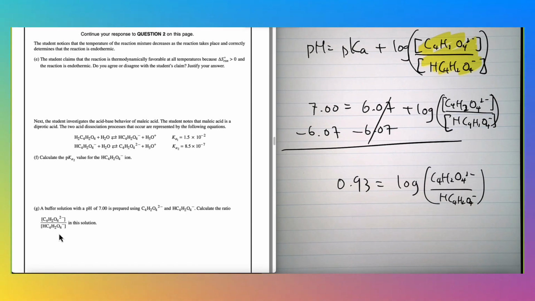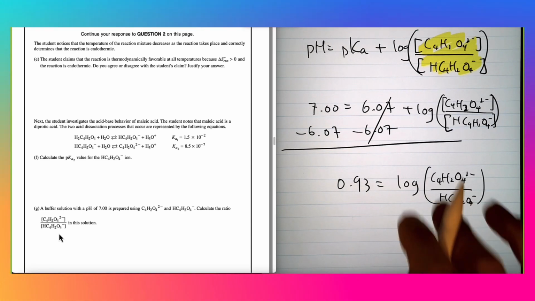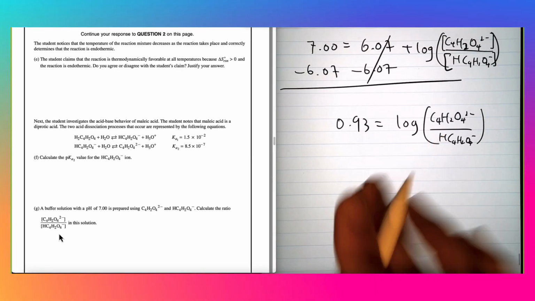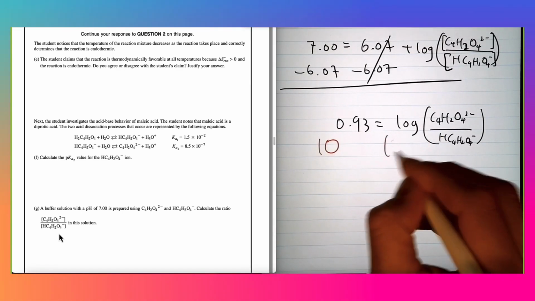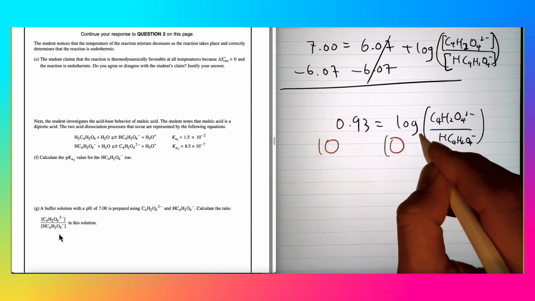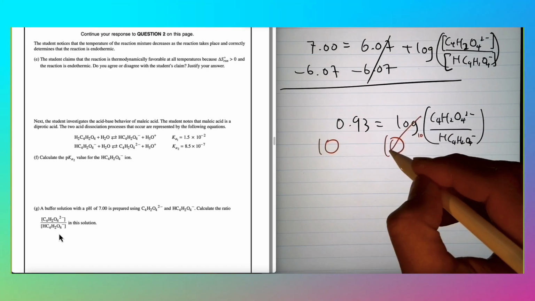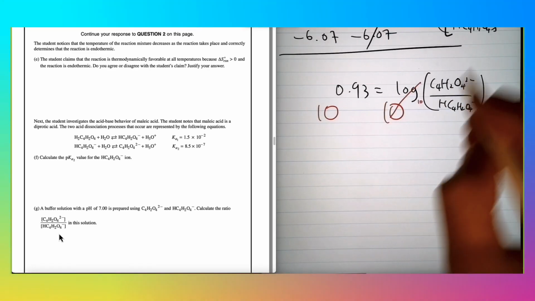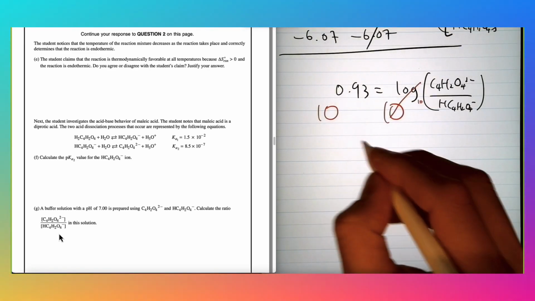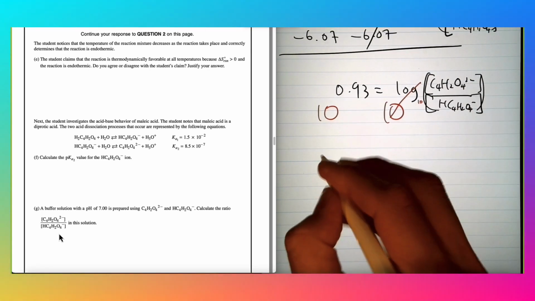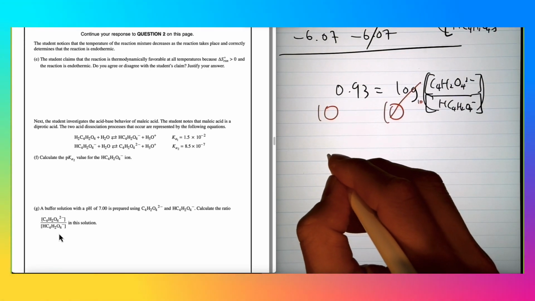Okay, how do I get rid of log? You need to apply the inverse of log, which is power of 10. This is a common logarithm where there's an implied base 10. So this way you cancel this out, and the ratio of the concentrations can be calculated using a calculator.